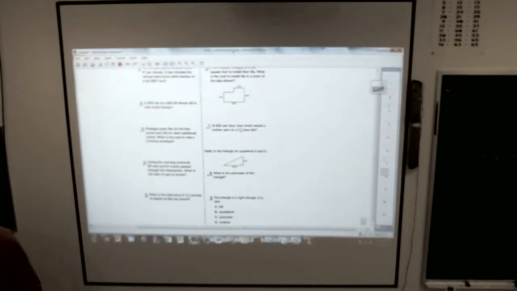Number 13, 9.3 times 10 to the 7th. 14 is C. 15 is 9. 16 is 10. 17 is 7/12. 18 is 26. 19 is 0. And number 20, x squared.